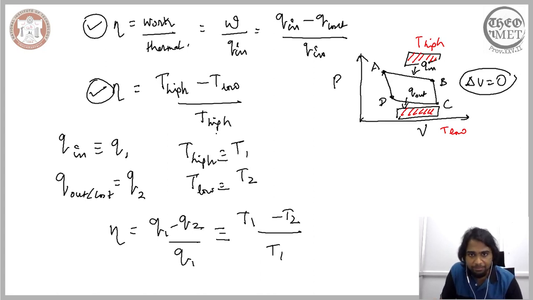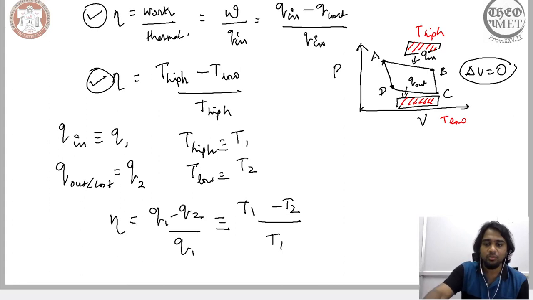So we have the high temperature at the denominator, heat input at the denominator. So Q1 is at the denominator, just for my verification at least. On the other hand, you have the difference between the heat input and the heat output at the numerator, so Q1 minus Q2, and the high temperature reservoir and the low temperature reservoir at the numerator, so you have T1 minus T2.